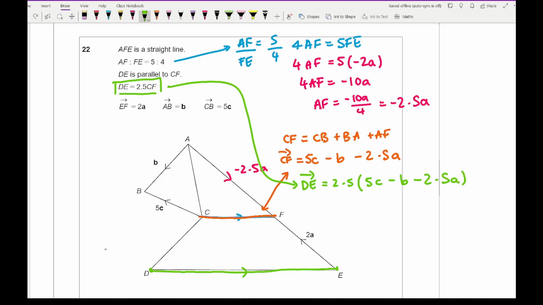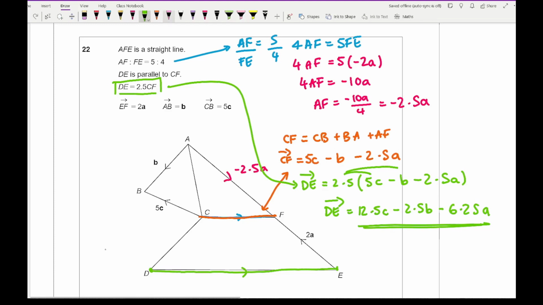So if I multiply out all of those, I get DE is equal to 2.5 times 5, which is 25 over 2, which is 12.5C, minus 2.5 times B, which is just 2.5B, and then minus 2.5 times 2.5, which is 6.25A. And there is my final answer.